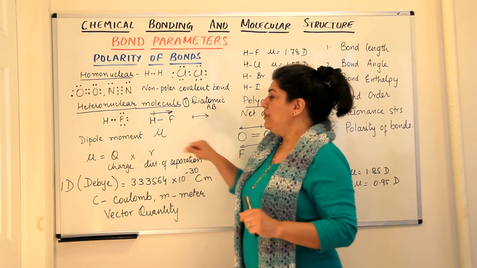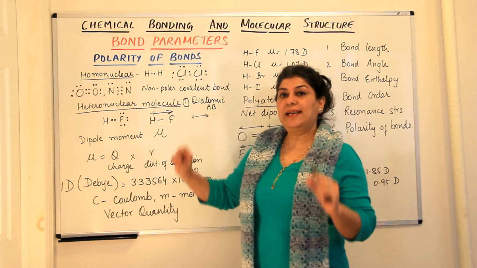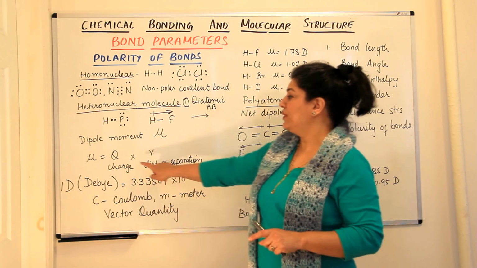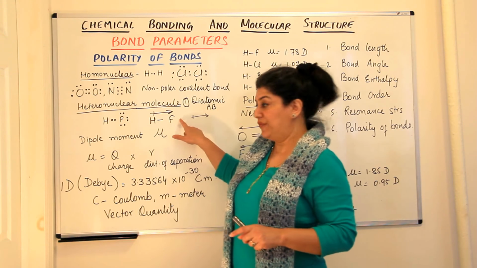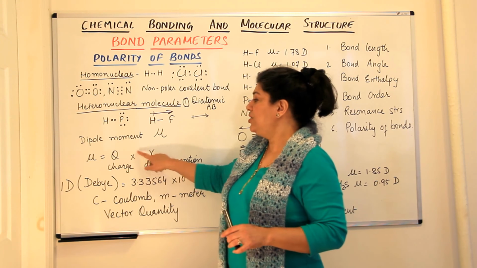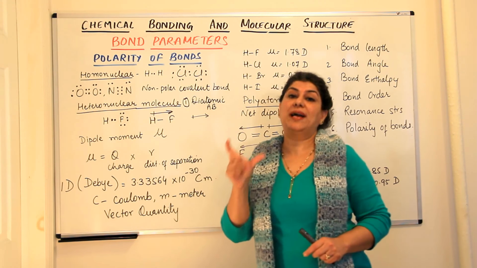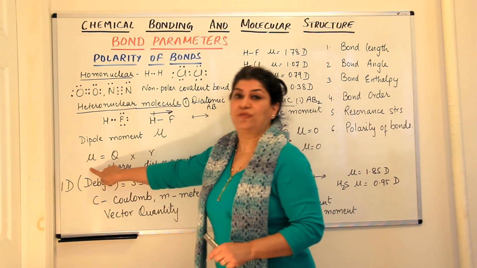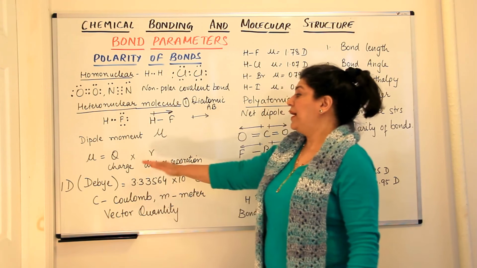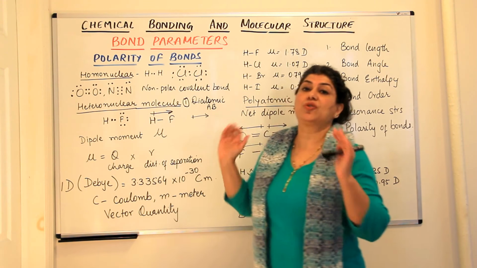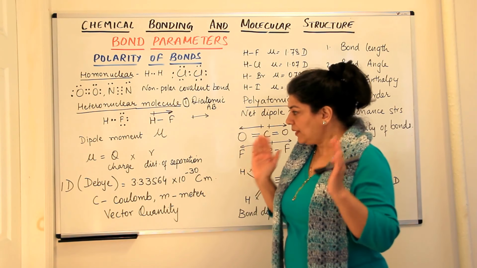So we say mu is the dipole moment, and mathematically the measure of mu is the charge difference between the two atoms times the radius, that is the distance of separation between the two atoms. So the magnitude of dipole moment is measured by charge into the distance of separation.